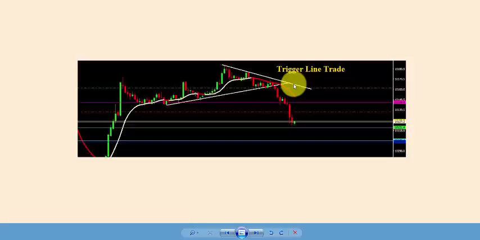If there are resistances, you're looking to sell. If there is a break of support, you're looking to sell. So here I've got resistance there, break of support, the trigger line is red, and I've got a nice 1, 2, 3 setup. And as you can see, that's where my entry was.